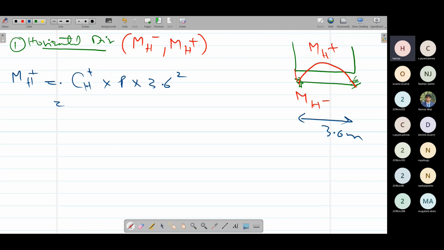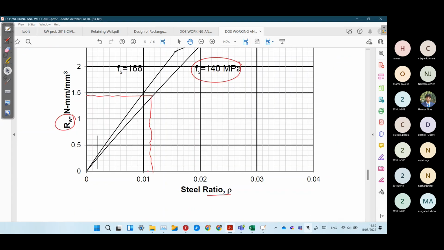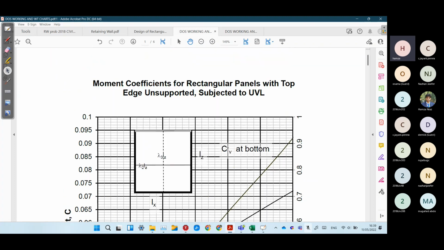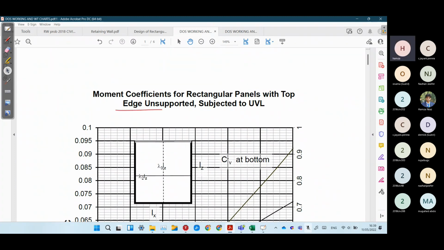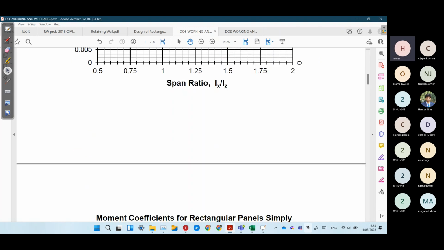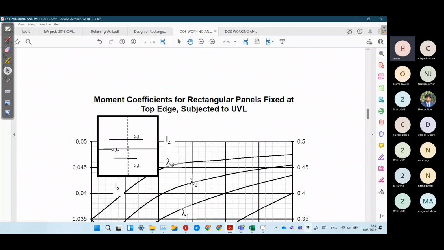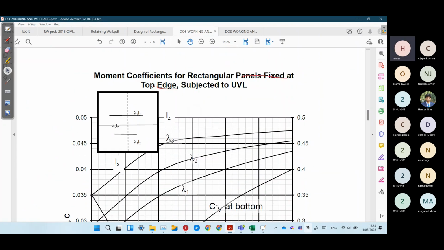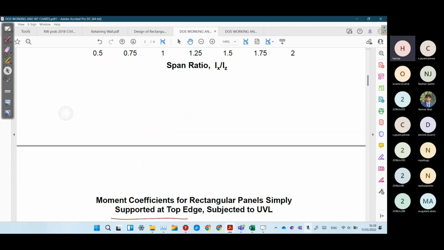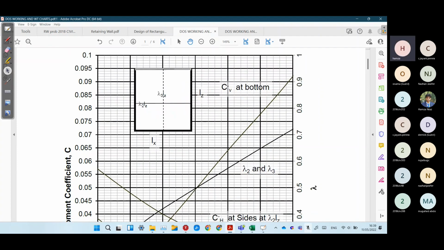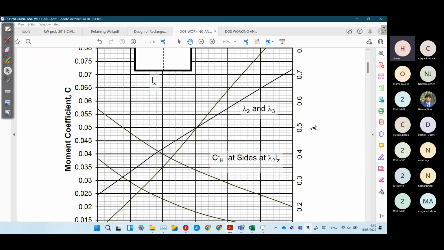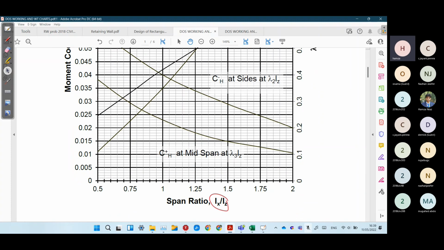So CH positive we can get from these graphs. The first graph is given for top edge unsupported. Our case is top edge unsupported. The second graph is given for top edge simply supported. The third is given for top edge fixed end. So our case is top end free.